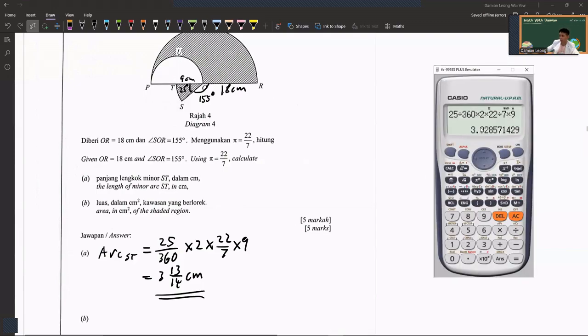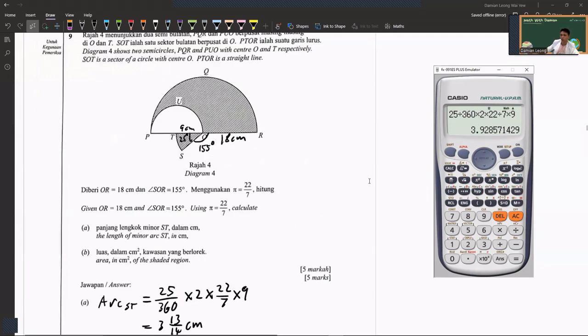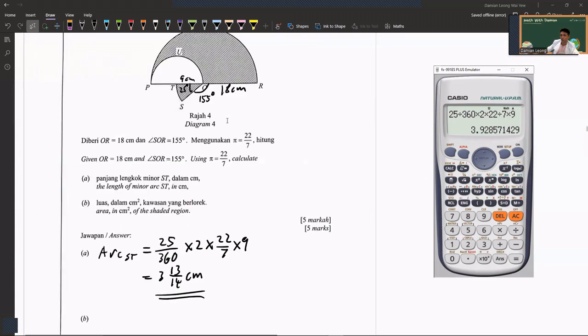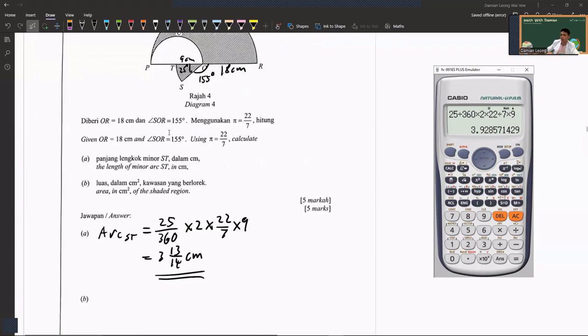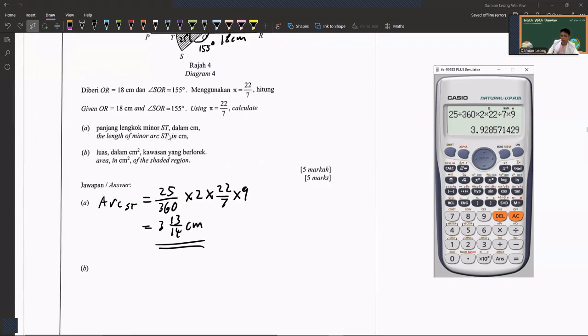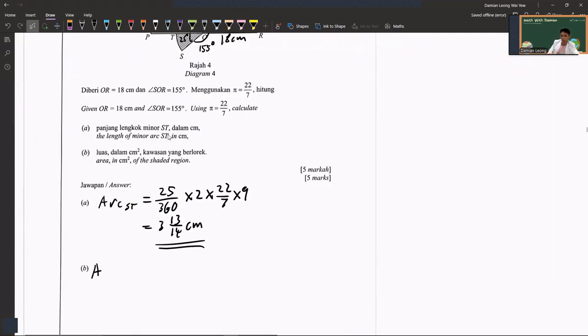Okay, even if you put decimal, minimum 3 significant figures. Part B, area of the shaded region. So it'll be area of the sector plus area of the larger semicircle minus area of this smaller semicircle. So let's calculate one by one.